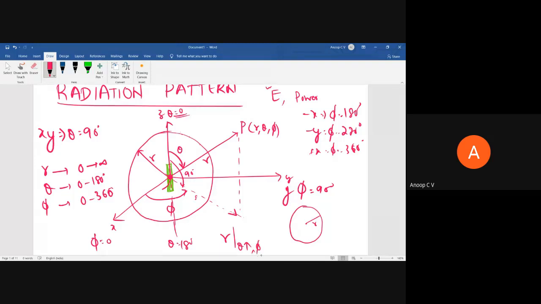So over a sphere, for all values of theta and phi, if I measure the received field strength or received power, and represent that diagrammatically in a 3D way, that is called a radiation pattern.